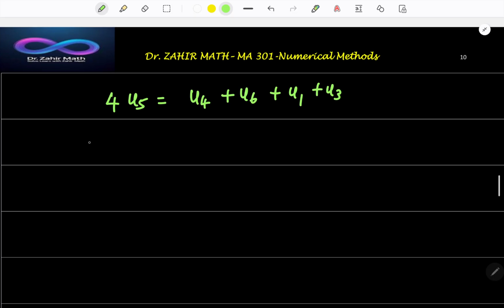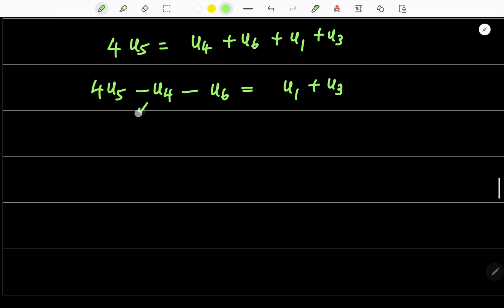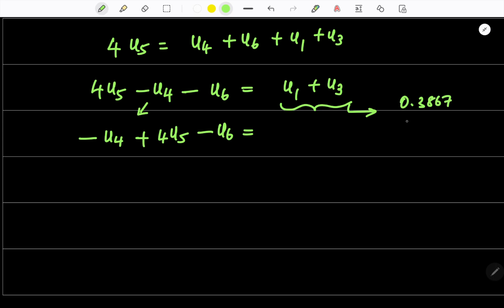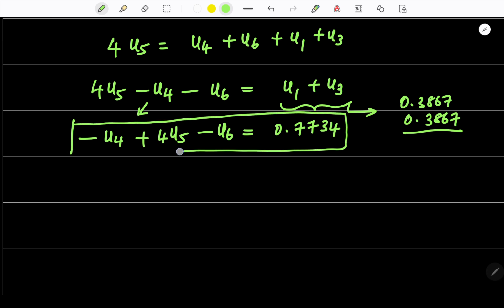Now write in order, minus u4 plus 4 times u5 minus u6 is equal to u1 plus u3, because we already know u1 and u3. u1 is 0.3867 and u3 is also 0.3867. If I add these, I get 0.7734. So the second equation is ready.